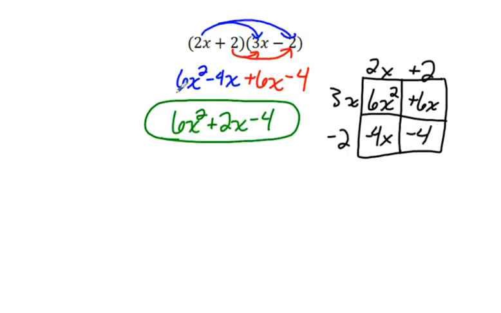And you'll notice that each box matches up with something from our other method. Now, when you do the box method, you combine like terms, and your like terms will always be in diagonals. So there's our like terms here. Combine them and you get the same thing.